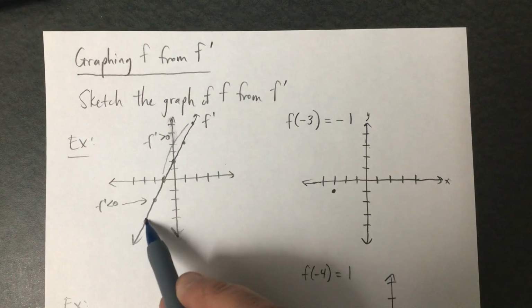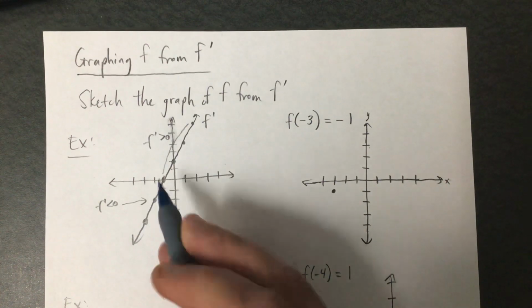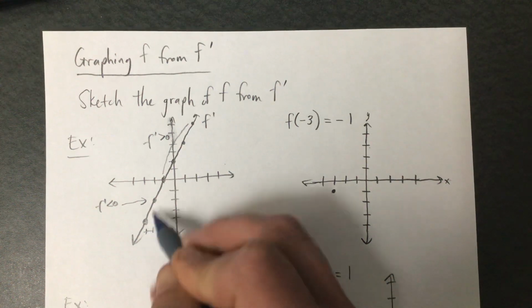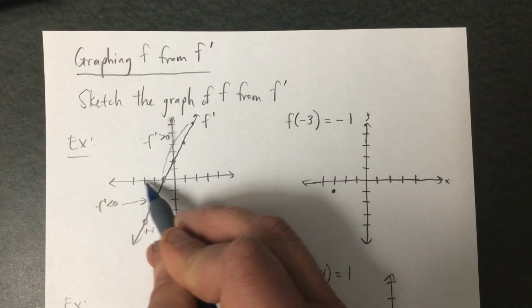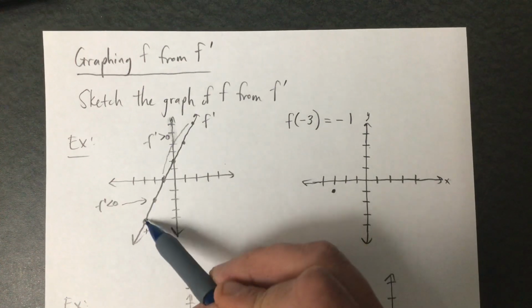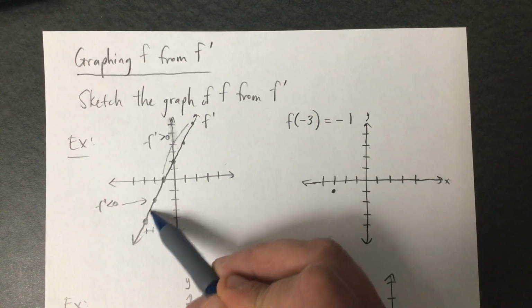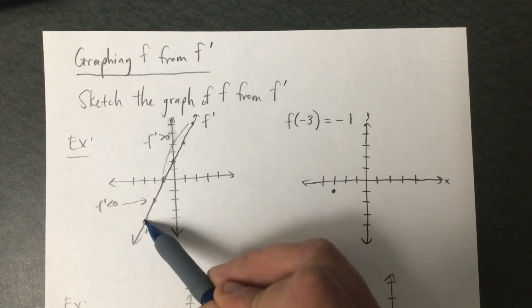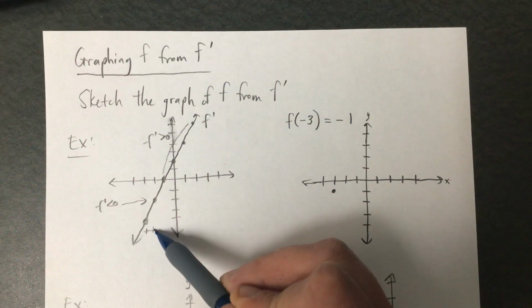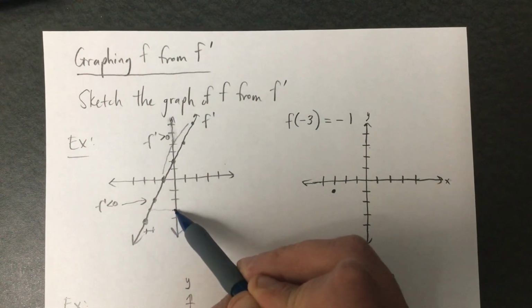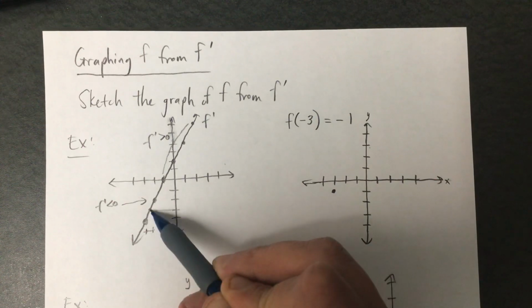So what we're going to do is look at some intervals and look at the change between them. So I'm going to look at this interval right here. Between -3 and -2, how is the graph of f behaving? Well, it's decreasing, and it's decreasing at different rates the whole time. But on average, between -3 and -2, I'm just going to pick the middle out, it looks like it's decreasing by about, on average, -3.